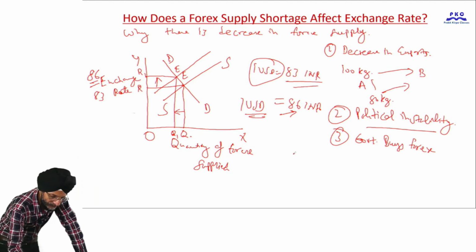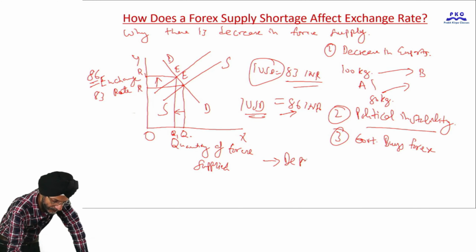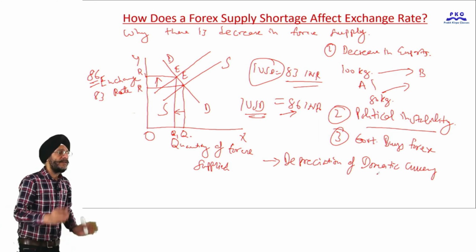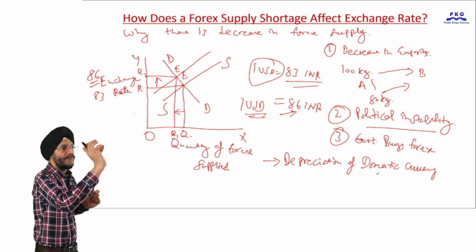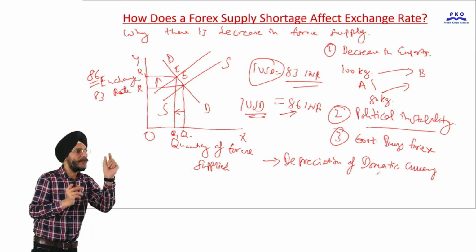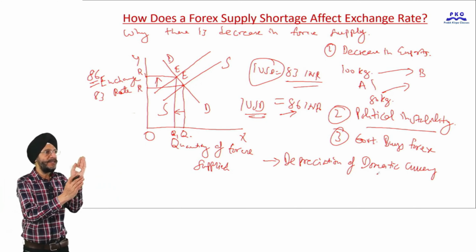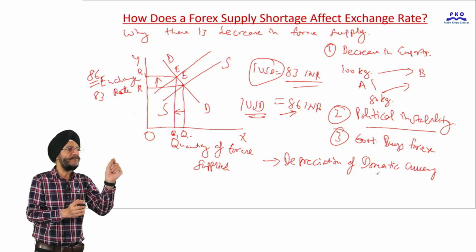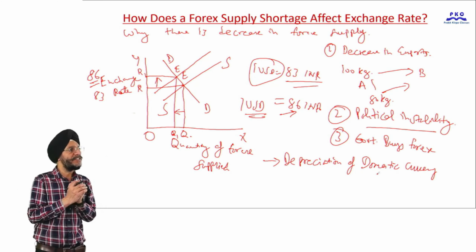So what does it mean? It means that it is the depreciation of domestic currency. How? There is depreciation. Earlier we were getting $1 only for 83 rupees. But now as the supply of foreign currency has reduced, we are getting $1 for 86 rupees.